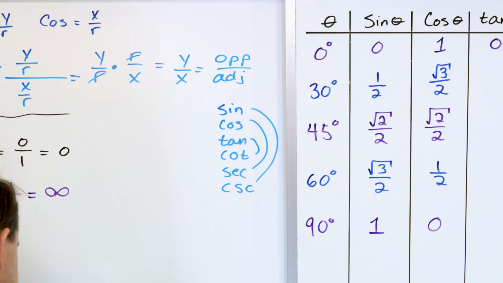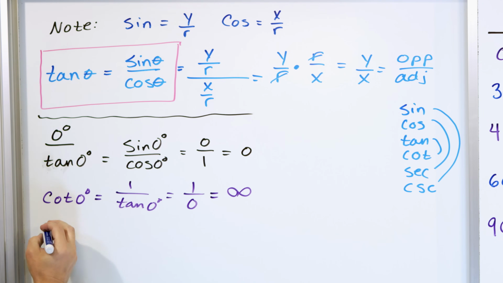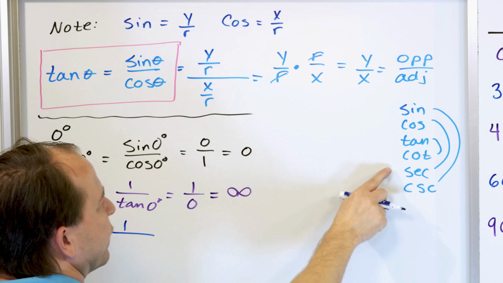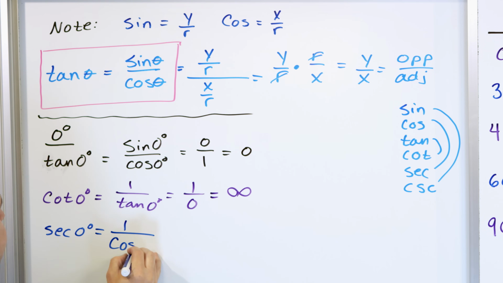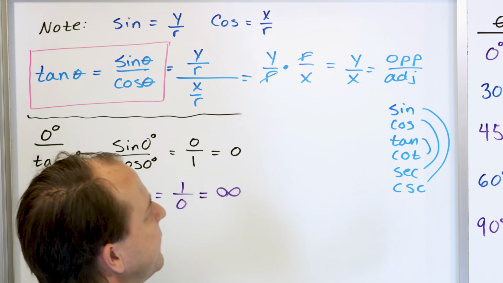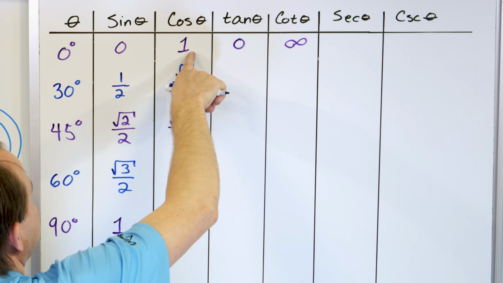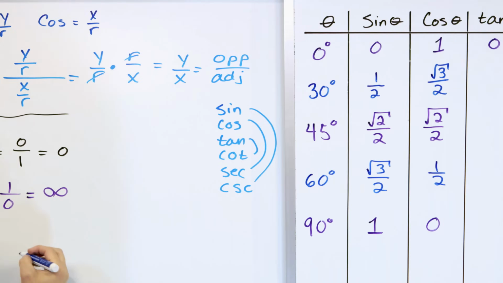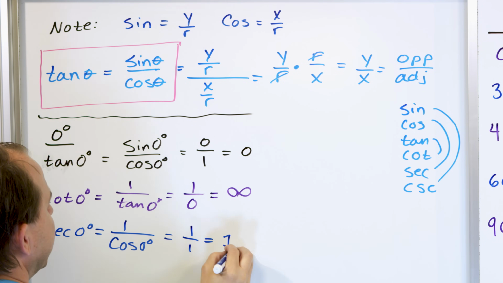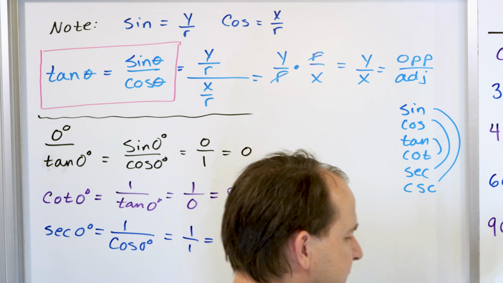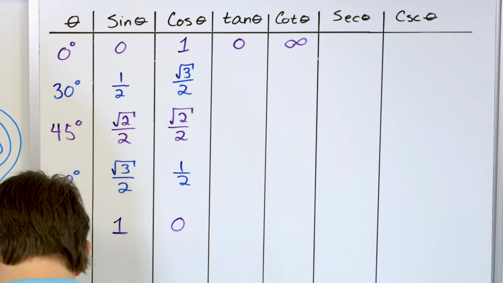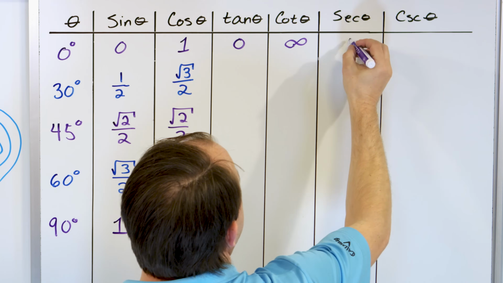All right. Next on the list is, what is the secant of 0 degrees? The secant is 1 over the cosine. What was the cosine of 0? It's along the x-axis there, so the projection was 1, so it was 1 over 1, which is 1. So the secant of 0 degrees is 1.